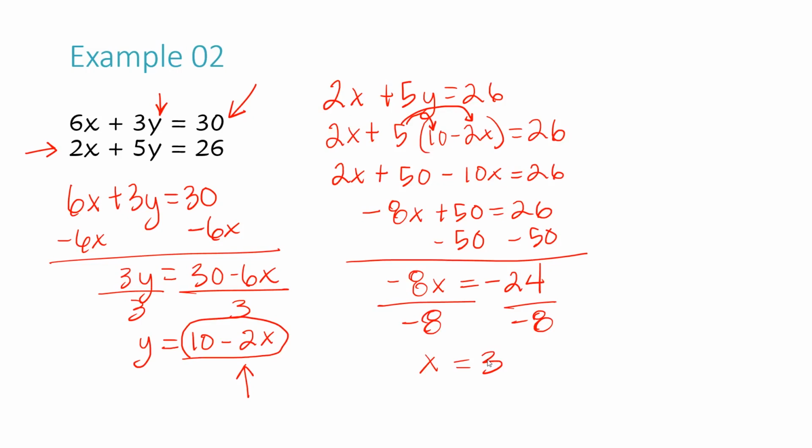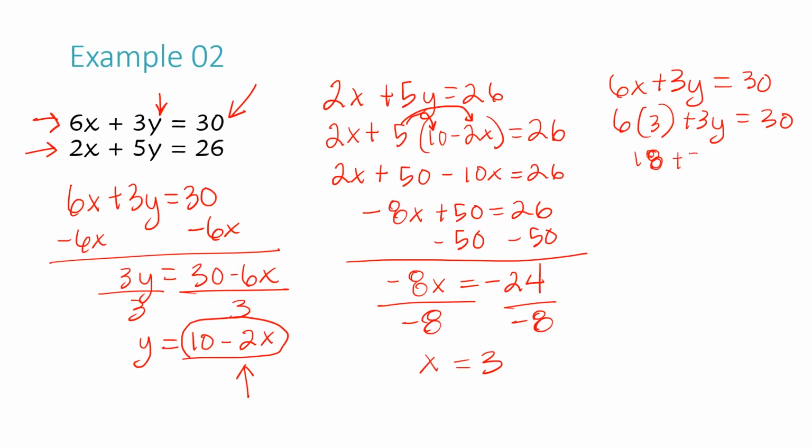So I'm going to take this x equals 3 and plug it into the first equation on top, the one that starts with the 6x. Okay, so I have 6x plus 3y equals 30. Now I'm going to rewrite it except for when I get to x, I'm going to write a 3. 6 times 3 plus 3y equals 30. 18 plus 3y equals 30.